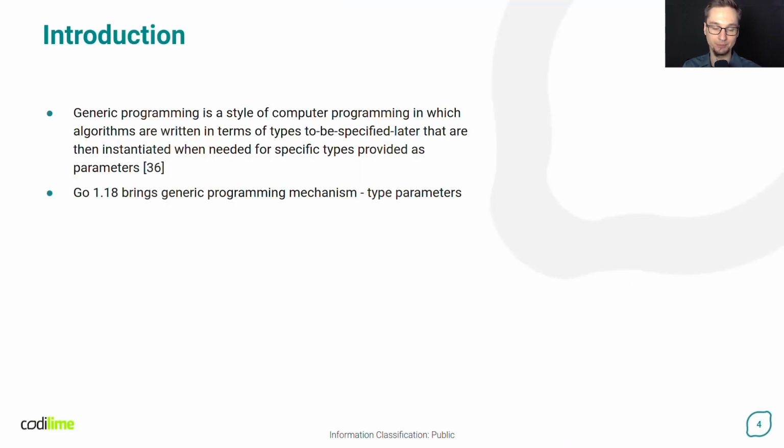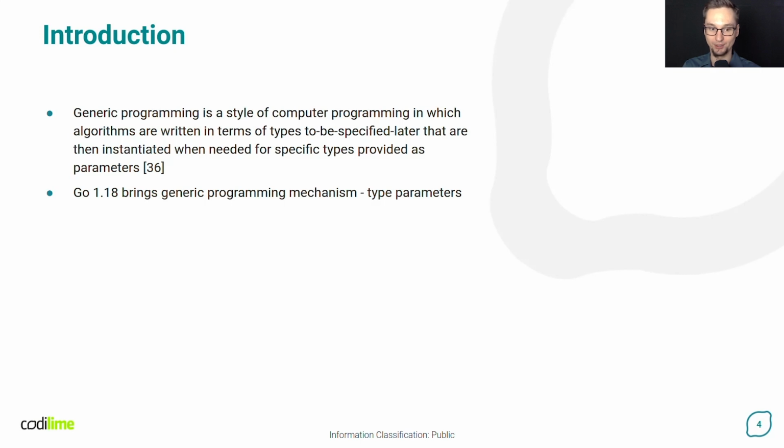Well, generic programming is a style of computer programming where the programmer writes an algorithm that handles multiple types. Those types are, let's say, factored out and then specified by the caller later.